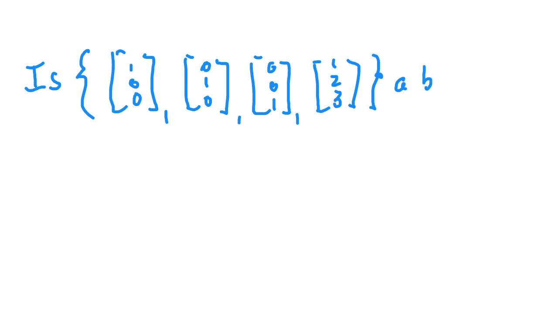Is this set of four vectors a basis for R3?